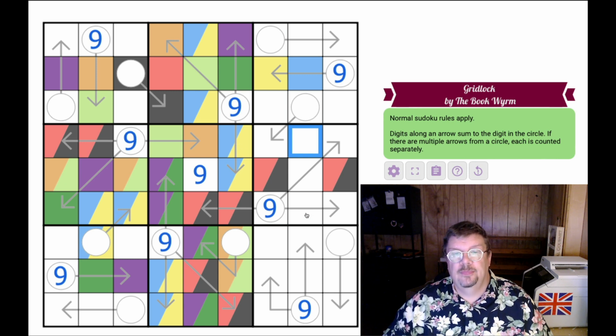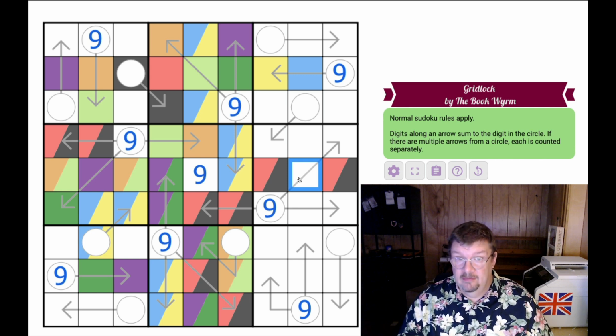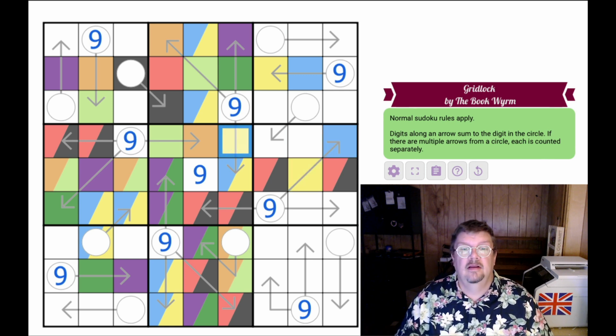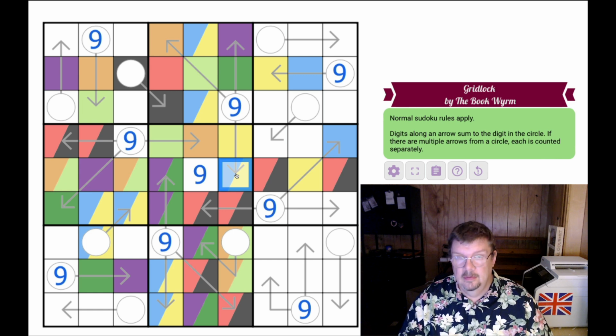Yes, because these aren't blue and yellow, so I can't. Yes, those are blue and yellow. I can't put both of them in this row, so I need a blue and yellow here, and that means we know that it is in fact yellow. And so this is blue, so that makes this yellow, and that makes this blue.